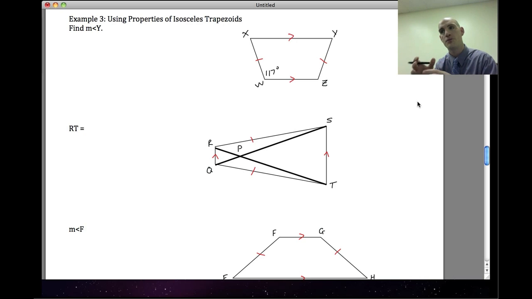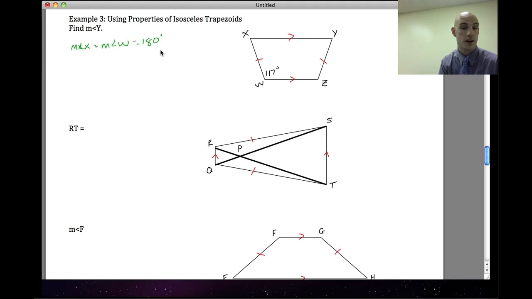Because if they're parallel, then we have things like alternate interior angles, alternate exterior angles, same side interior angles, and consecutive angles. Well, we know that if these two lines are parallel, then the measure of angle x plus the measure of angle W is equal to 180.